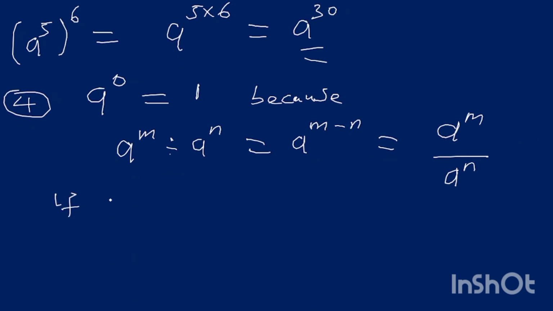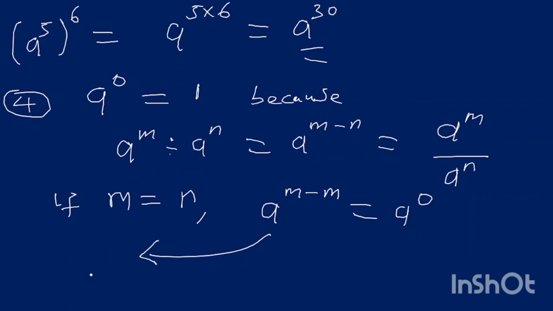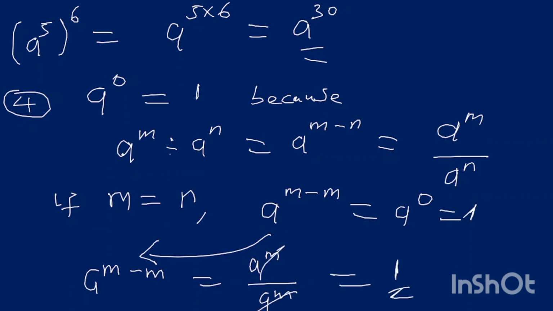And if m is equal to n, then a raised to power m minus m is equal to a raised to power 0. This is the same thing as a raised to power m divided by a raised to power m. This is equal to 1, we know. If we cancel that, this will give us what? 1. So a raised to power 0 is equal to 1.